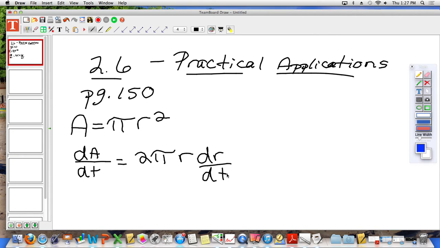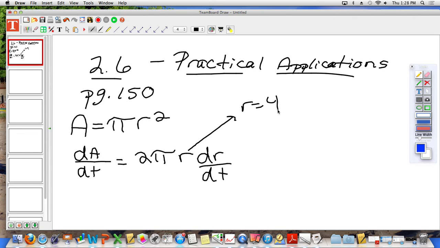So I'm going back to my problem now, and it tells me that when the radius is 4 feet, using your derivative here, we now know that this r value is 4 feet. So r is 4, good information. It also tells you that the radius of the outer ripple is increasing at a constant rate of 1 foot per second.